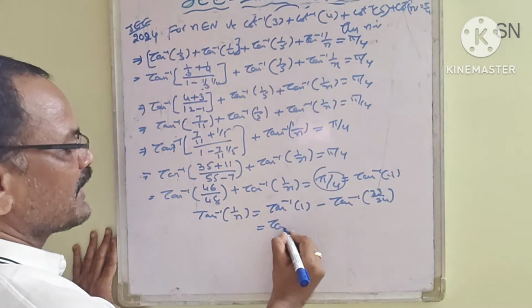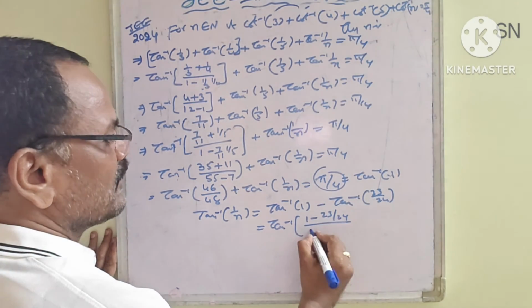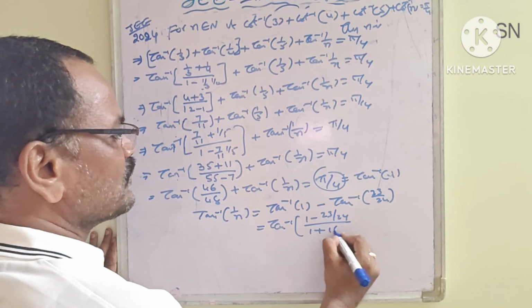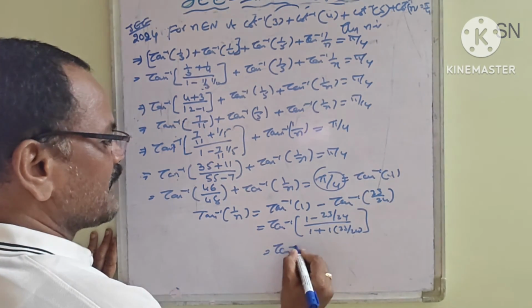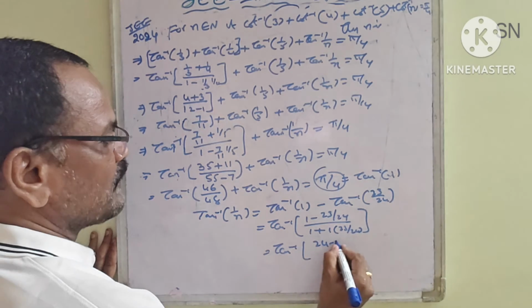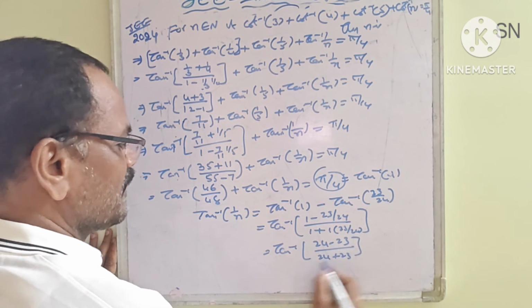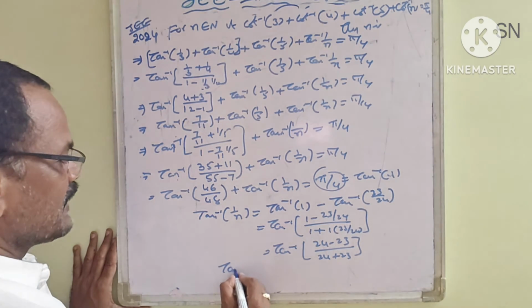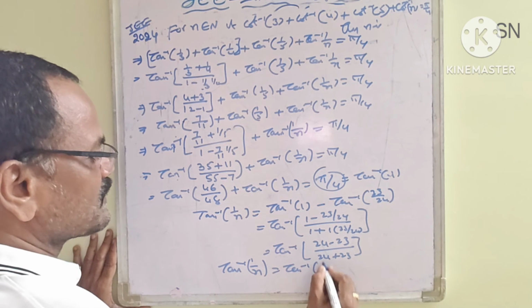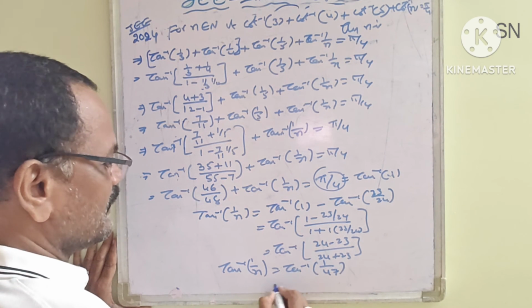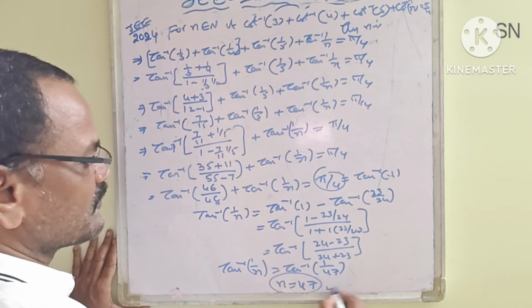Now here tan inverse of 1 minus 23 by 24 plus, so 1 into 23 by 24. Now here tan inverse of, so 24 minus 23 by, so 24 plus 23. Now here tan inverse of 1 by n is equal to tan inverse of 1 by 47. Now comparing, n is equal to 47 is the answer.